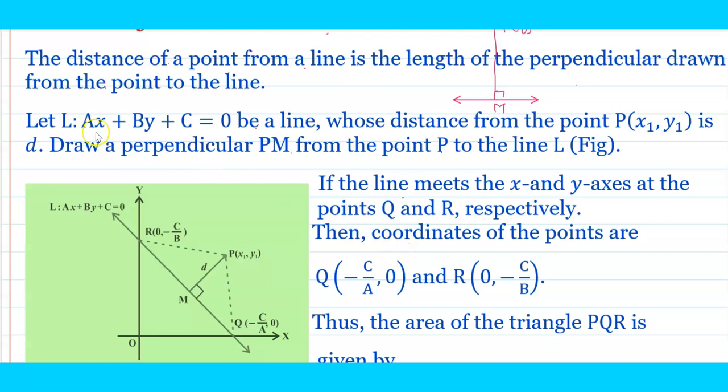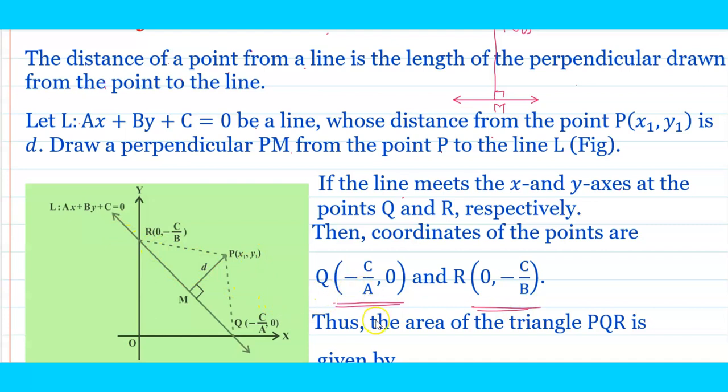When it meets the x-axis, its y coordinate becomes 0. Therefore ax = -c, so x = -c/a, and this is the point where the line intersects the x-axis. Similarly, when the line touches the y-axis, put x = 0. Therefore y = -c/b, and (0, -c/b) is the point where the line cuts the y-axis.